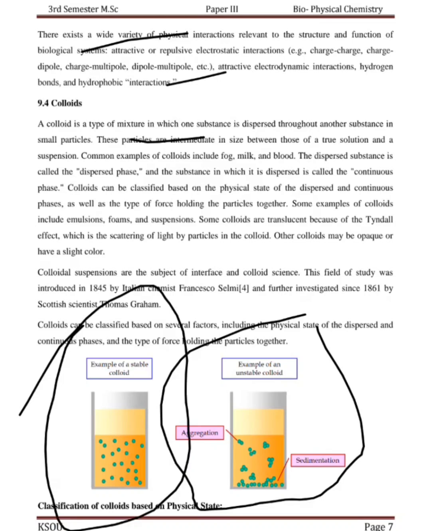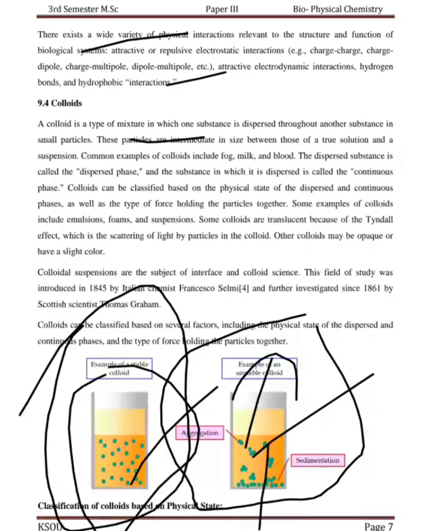This is an example of an unstable colloid, where the particles are not equally distributed inside the substance. Here it is equally distributed, and here it is not distributed: aggregation or sedimentation. Aggregation means it is coming upwards, and sedimentation is settling down. This can be seen here. This is the example for colloids.